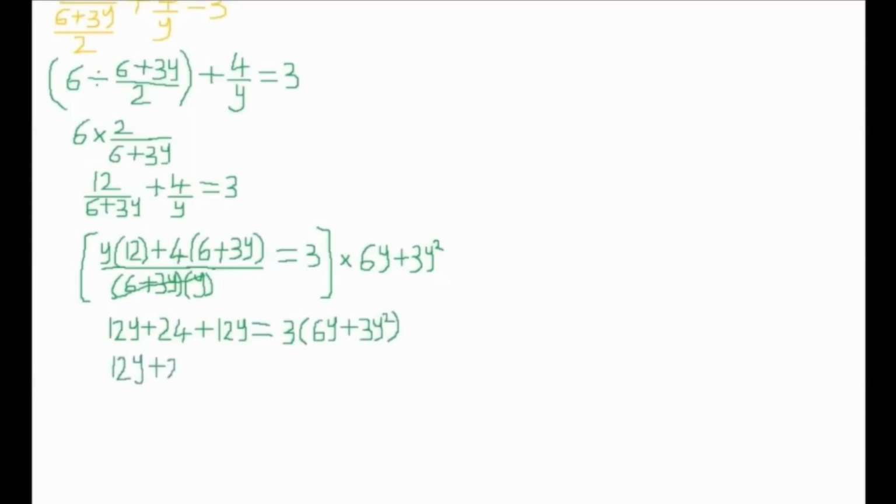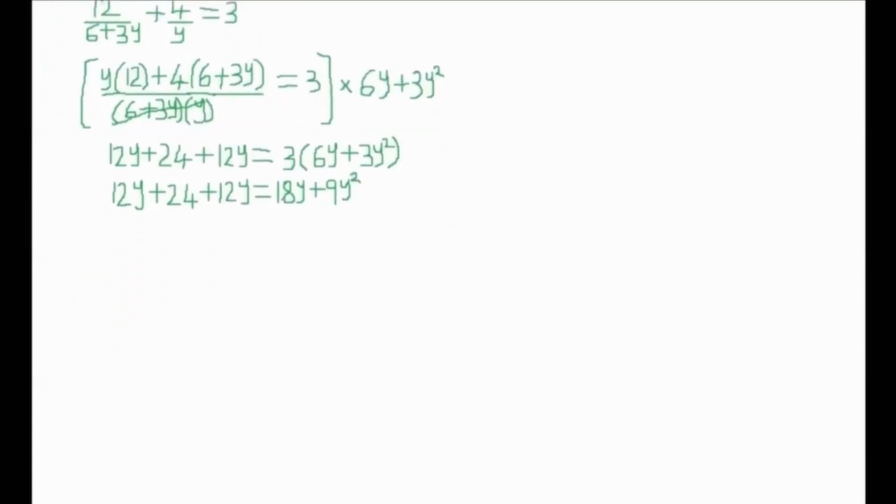So now let's simplify what's on the right. It will be 18y plus 9y squared. And now let's bring everything on the right hand side to the left hand side.